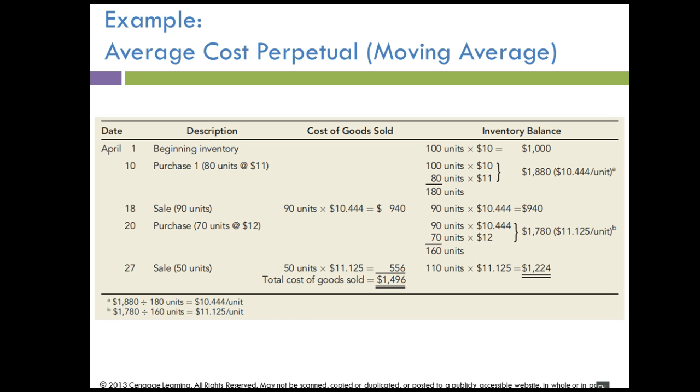And then we add those 70 units at $12 a unit. So now we've got a total of $1,780. And at 160 units, we will update our price per unit. So again, when we sell those 50 units, we will show that cost based on our new weighted moving average.